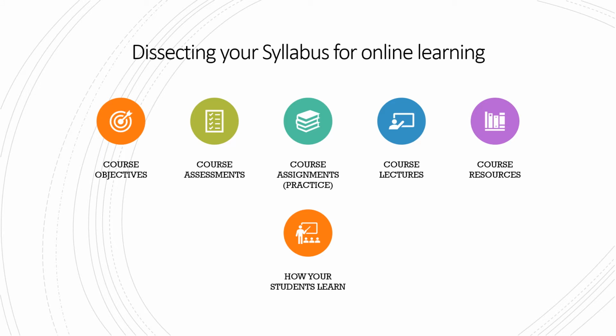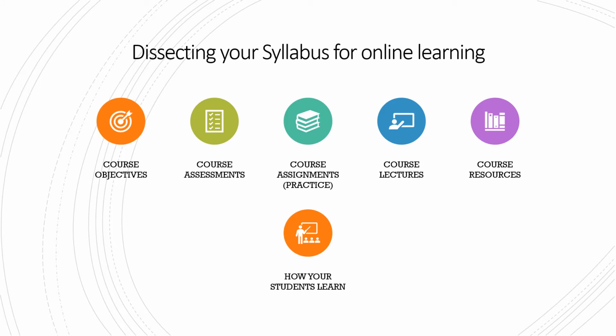So these could be things like group work or reflective journals, discussions that you would have in class, practice problems, any of those types of things would be part of the course assignments and practice. And we pull these out into these different groups because these tend to look a little bit different online, and you work with them differently in an online setting than you would in a traditional lecture setting.